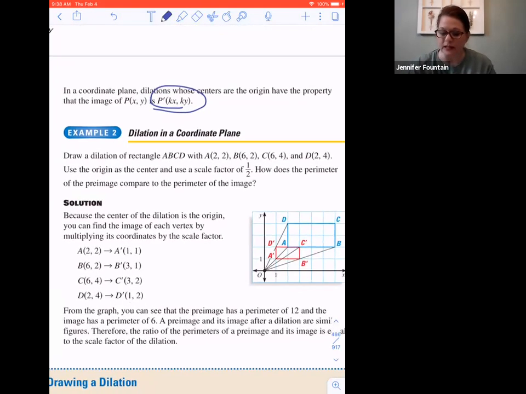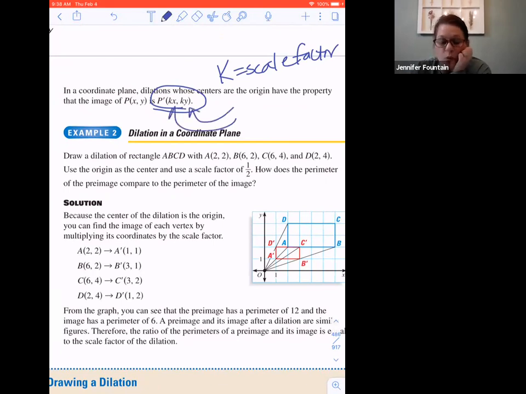So basically, if I'm doing a dilation, then I take my scale factor, which we said is K. When I'm dealing with my coordinate plane, I have to use my scale factor and multiply it by both X and Y to get my enlargement or reduction. So I start with my original points, I multiply by the scale factor, and that gives me my prime points. Any questions about that?